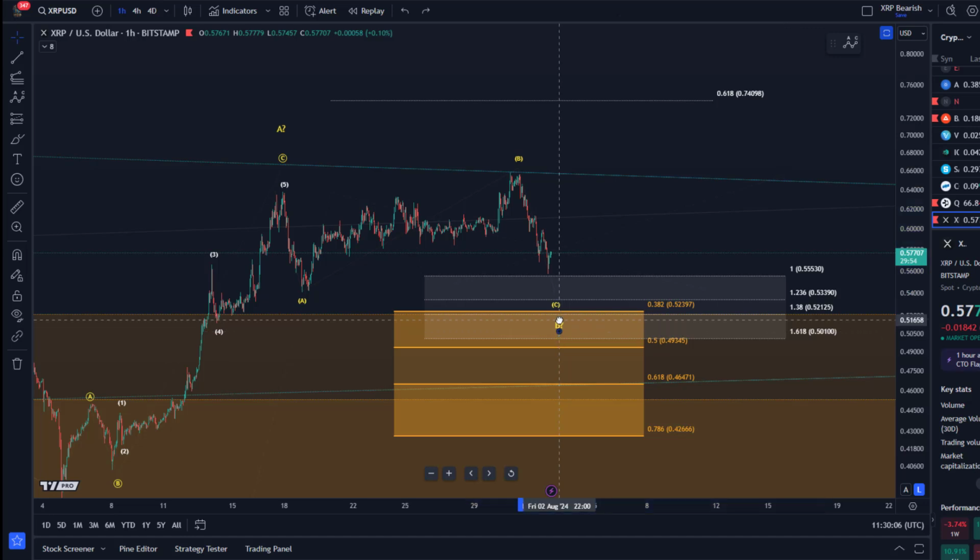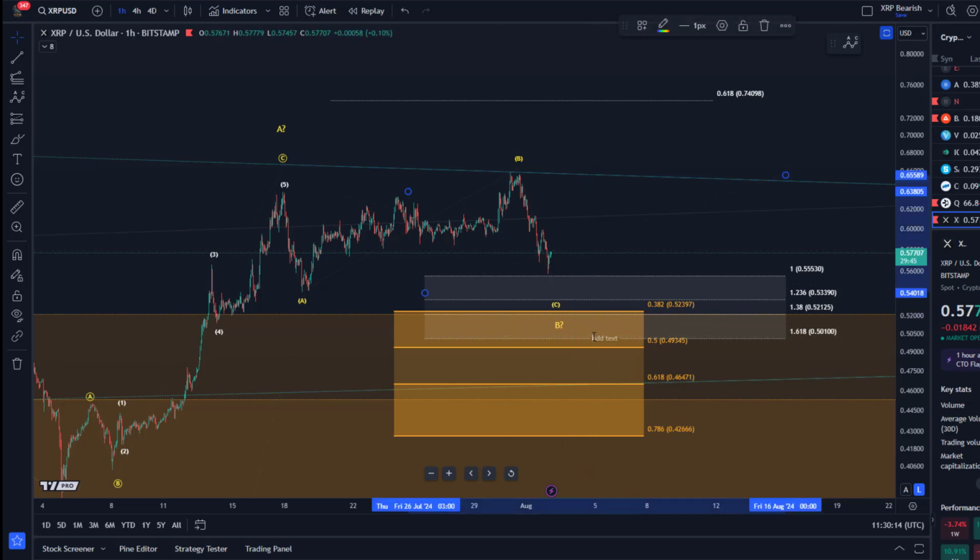Anyway, there's a difference here. The white box indicates the Fibonacci extensions, these are Fib extension targets, and this here is the orange B wave standard support box. There's a difference.